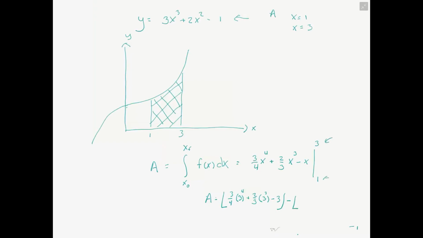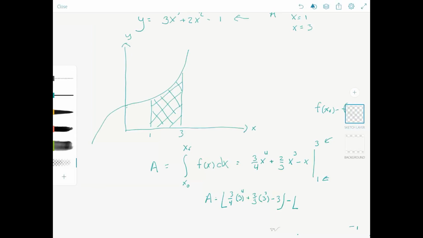And we bracket that. And now we do the other limit, which is 1. We first do this, and then we subtract this from that. Basically f of x final minus f of x initial. That's really, we should say g.